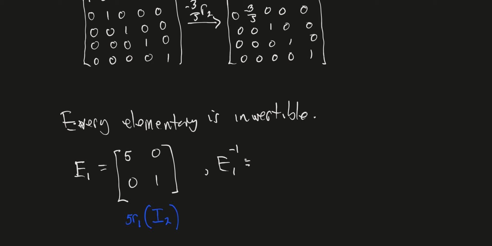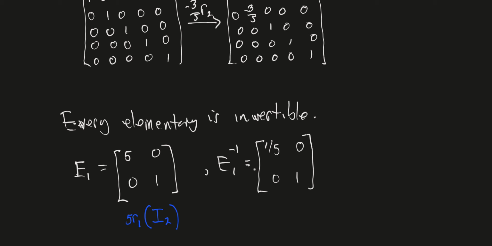So the inverse of this elementary matrix is another elementary matrix, but instead of having the 5 in that position, I'll have 1/5 in that position, and this is what it would look like, right?